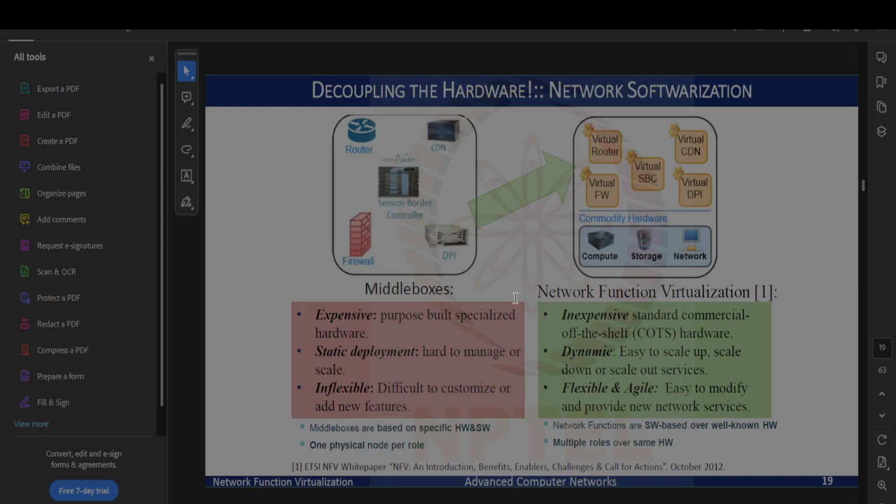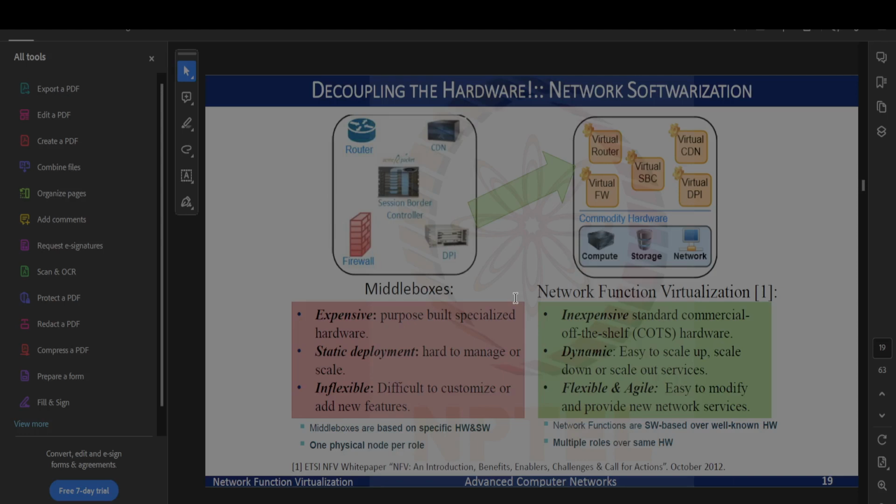We develop it as a software, and then the functionality that the box will achieve, the same functionality will be achieved using the software also. So here the concept that we use is, we build an application, then we have to deploy it. Where are we going to deploy?